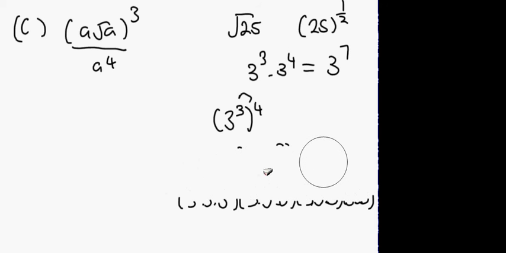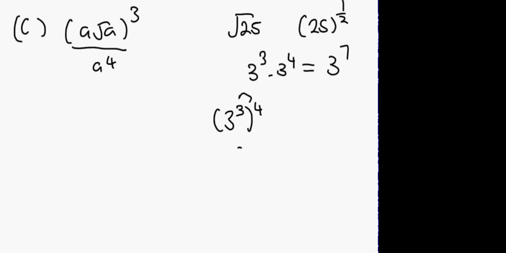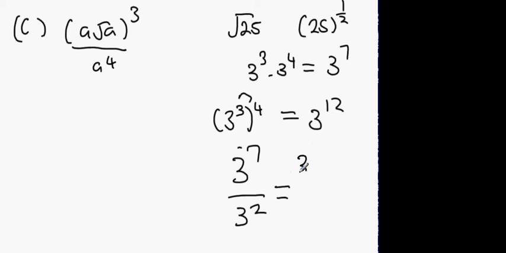Now, with all this in mind, there's only one other thing we've got to do now. It's division. If I have 3 to the power of 7 divided by 3 to the power of 2, can anybody tell me what the answer is there? 3 to the power of 5. You take them away. If you don't remember it, just write down 7 trees, and then write down 2 trees, and then just cancel them off.